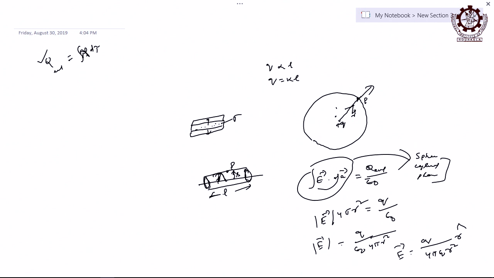Here in linear it is lambda, if the axis is the charge carrier. If the axis is the charge carrier, then it will be lambda and radius is S, but that point P is included, right.